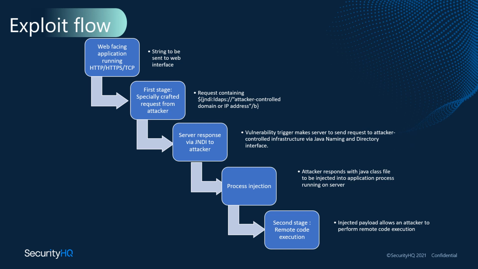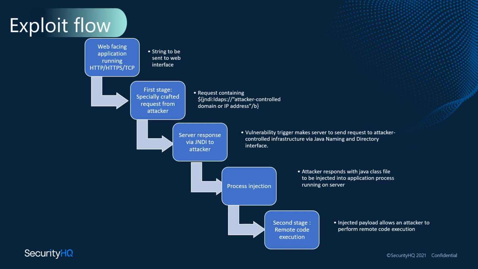This will be a simple GET request to your web application where the attacker will add a payload that can trigger this vulnerability. As you can see on my screen, the request contains dollar curly bracket JNDI colon LDAP. This is one of the common strings that we have identified so far that attackers are using to trigger this vulnerability in the server.